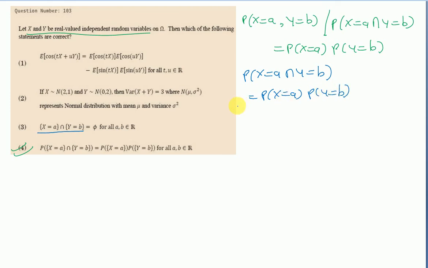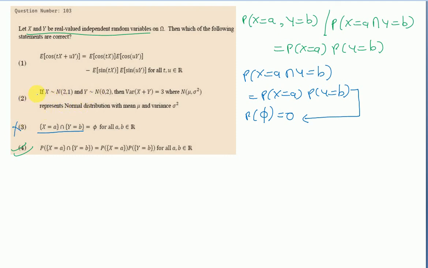But what does the right hand side say to us? Probability of phi, the probability of an empty event or impossible event, is always 0. Then how can this probability equal 0? It is only possible when one or both probabilities are 0, but that will not always happen. Hence this option 3 is not correct.